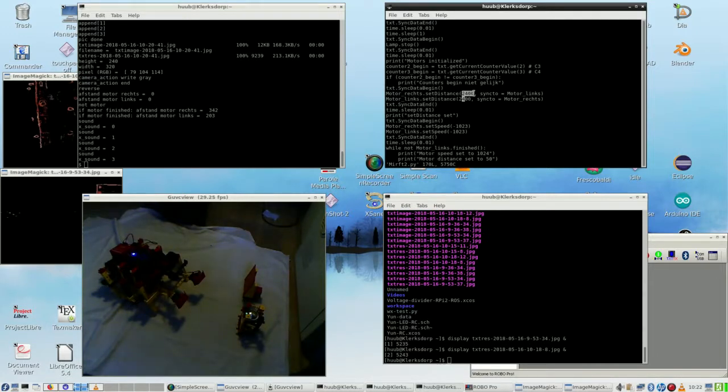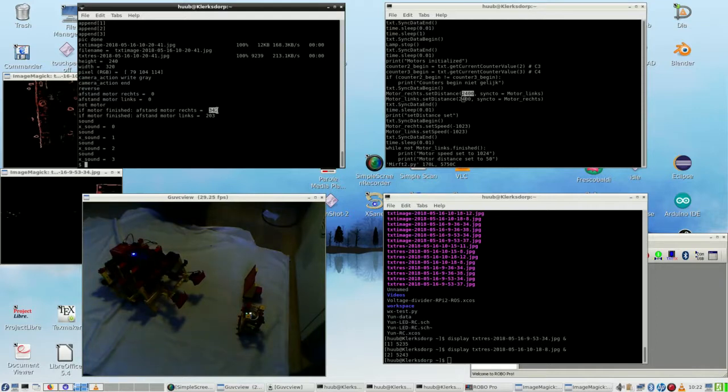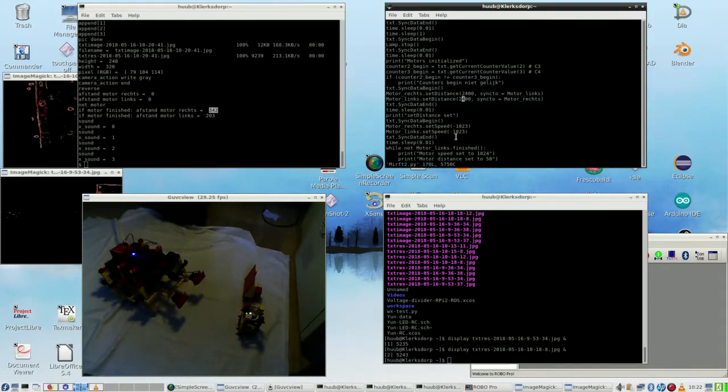If this is 2400 pulses, or counts, and this is 300 counts, then it should go a lot further anyway. That's a good question. How far can you go? How far should you go? And the API documentation says it should work. Not quite so.